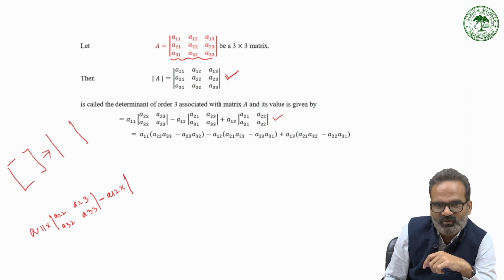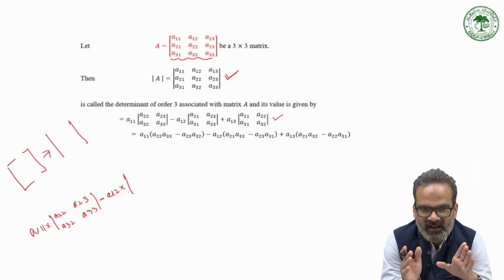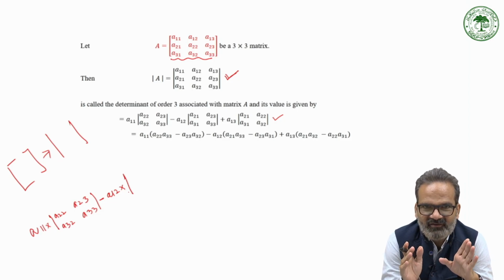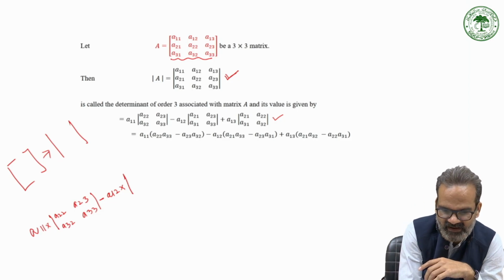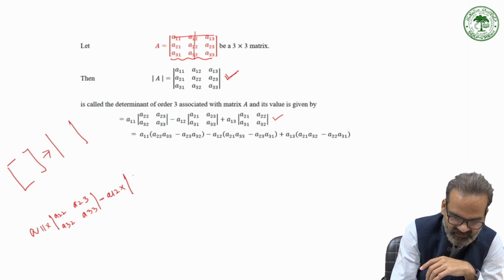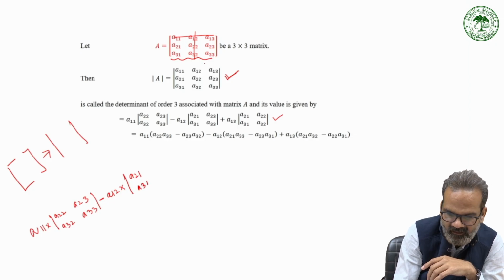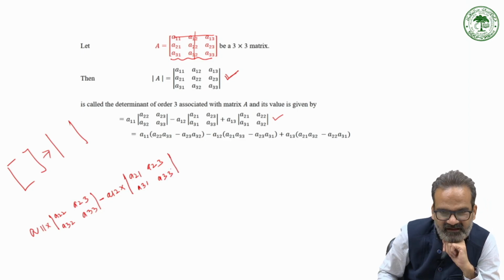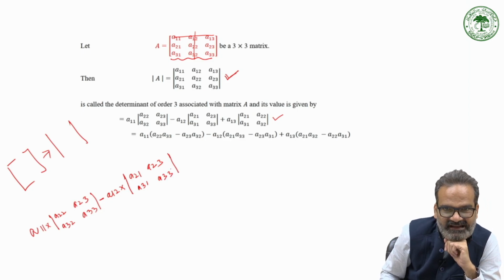Use the same approach: delete the row and column in which A12 lies. A12 lies in the first row and second column. What is left? A21, A31, A23 and A33, right? This is the value for the second element.